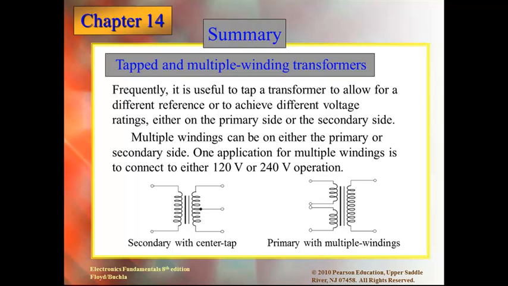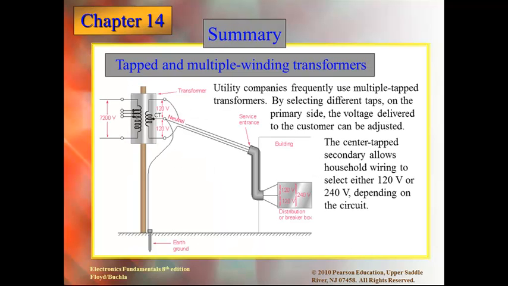Very common, small control transformers have dual windings on the primary like this, so that we can hook it to 240 volt systems or 480 volt systems.